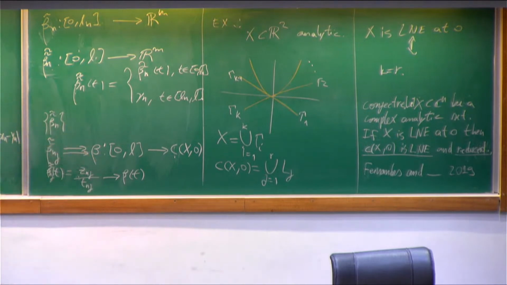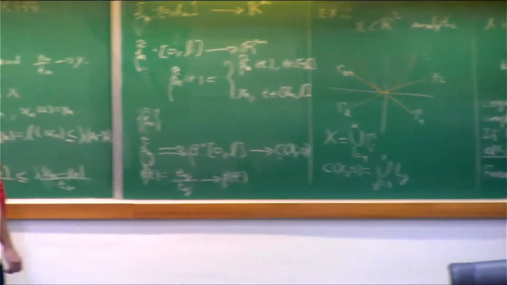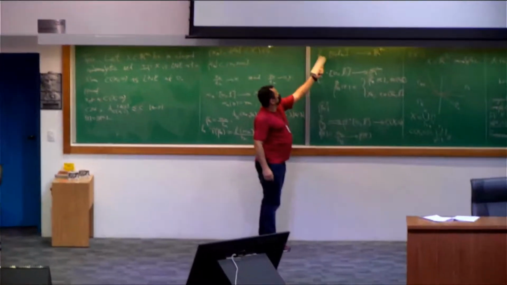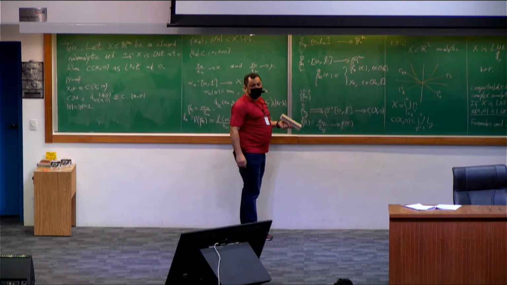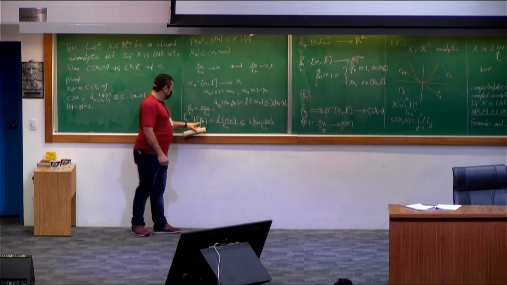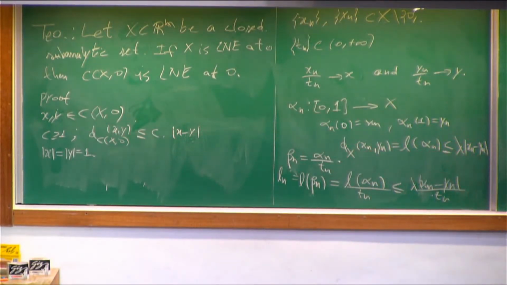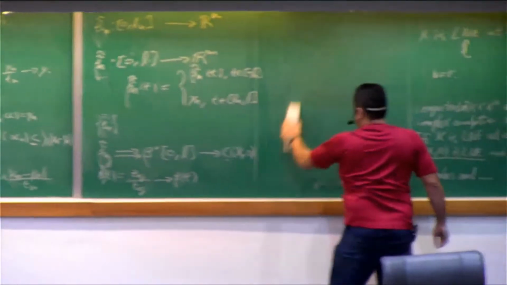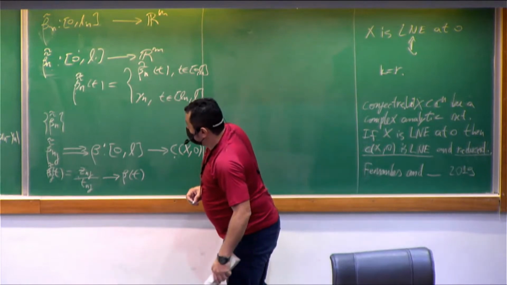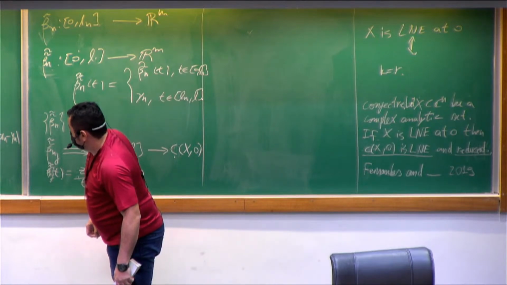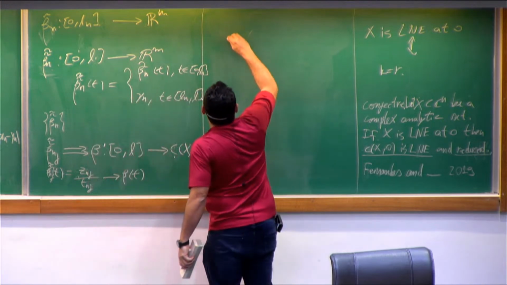So I will prove now. We have something like that, because the length of beta n tilde is the same as the length of beta n tilde, which is the same as Ln.